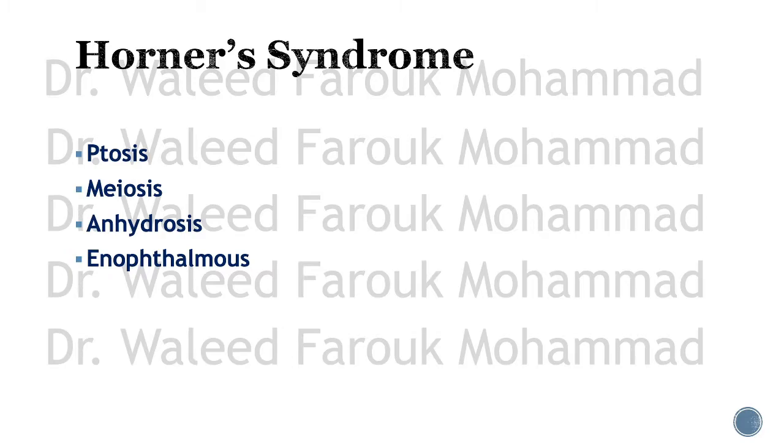So when it's weakened, it can't hold the upper eyelid in place anymore, and you get ptosis, the drooping of the upper eyelid. Remember it like your name: ptosis, meiosis, and anhidrosis. A very famous case that you will encounter in exams: Horner's syndrome.